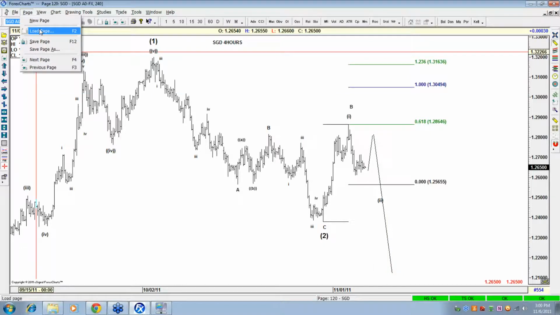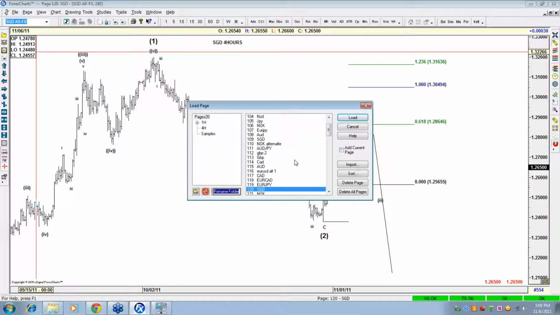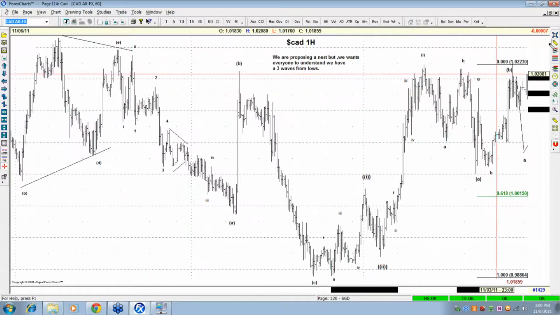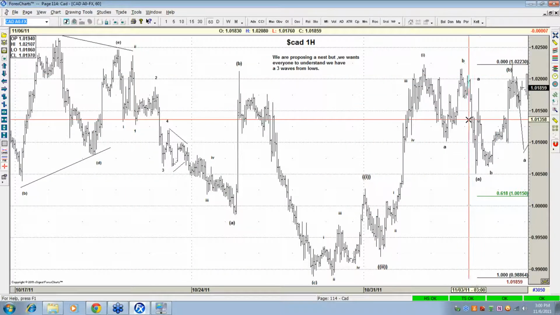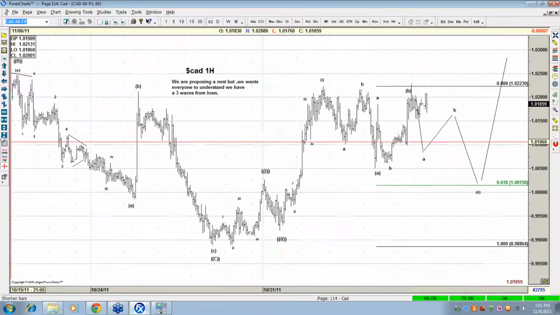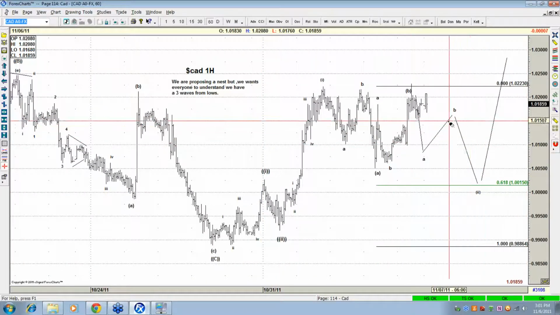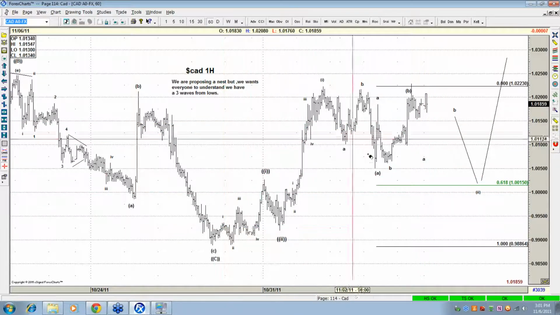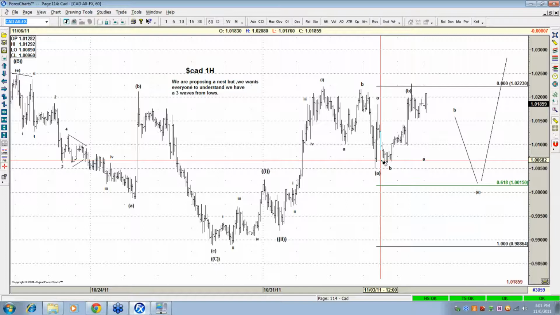Now, the dollar CAD, 1 second. Dollar CAD is very interesting here. It looks like we favor the idea of the nest because of the bullish pressure we are presenting into the market with the dollar.